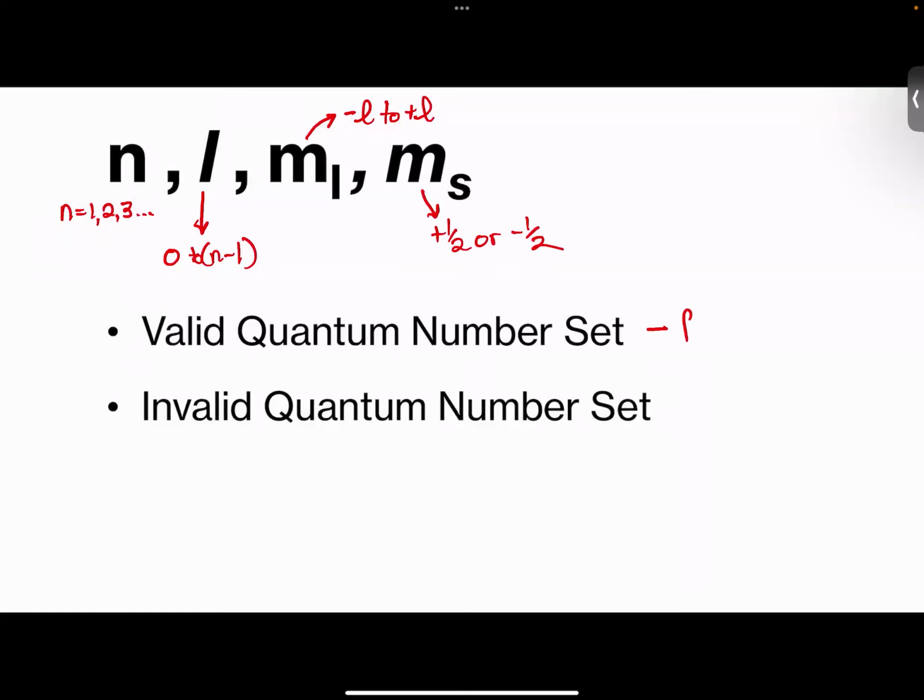So it's valid if it follows the formulas that you have been given. It's invalid if it doesn't.